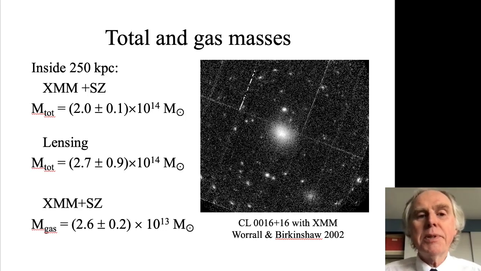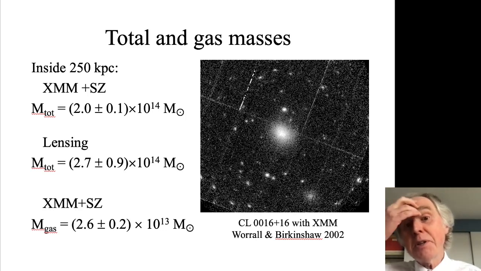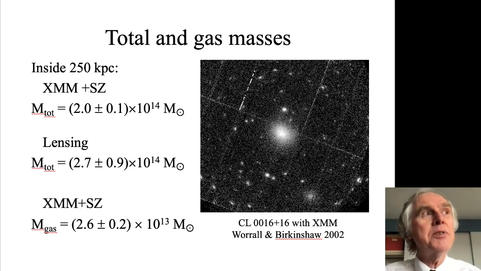We can also use the SZ and XMM data in another way, just to measure the gas mass, as I've shown, and that works out at 2.6 plus or minus 0.2 times 10^13 solar masses. The ratio of that to the total mass is about 0.13, which is basically the baryon fraction in the universe as a whole. So this cluster seems to be making a fair sample of the matter content of the universe.